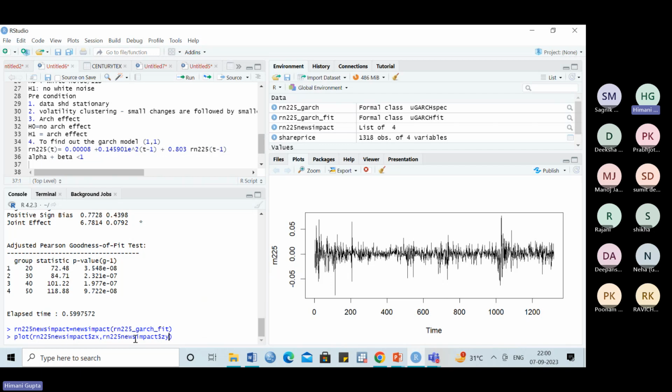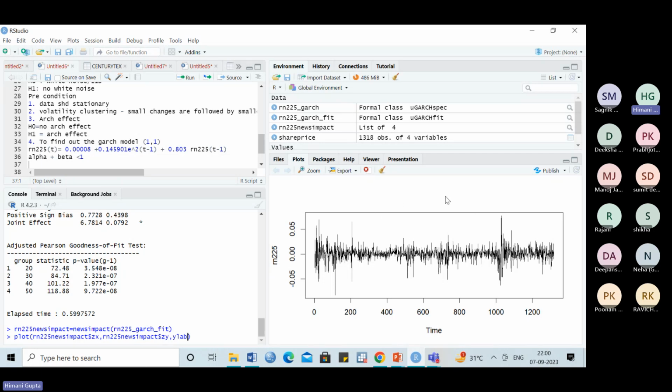One time take ZX and one time take ZY. Now next, I have to give the label, ylab. ylab means Y label. I have to give what should be the label at the Y axis, and then what should be the label at the X axis, and then I will write the name.